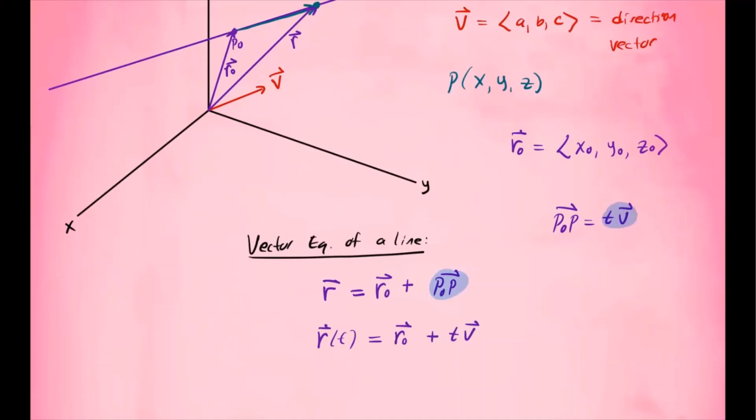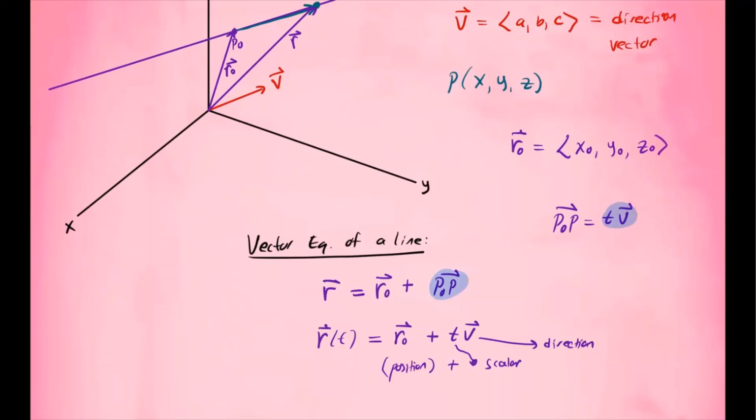So you have your position vector right here, which is a point on the line, created from the origin, plus some scalar right here. This is your scalar, and this is your direction.